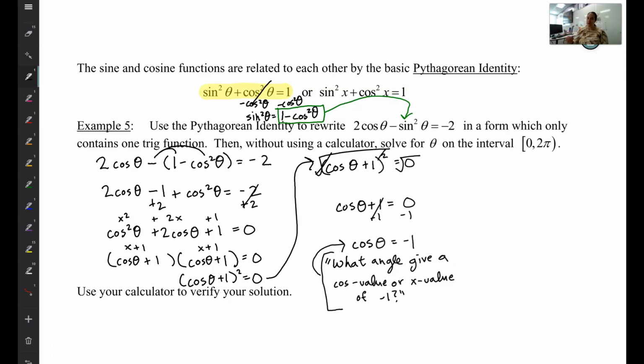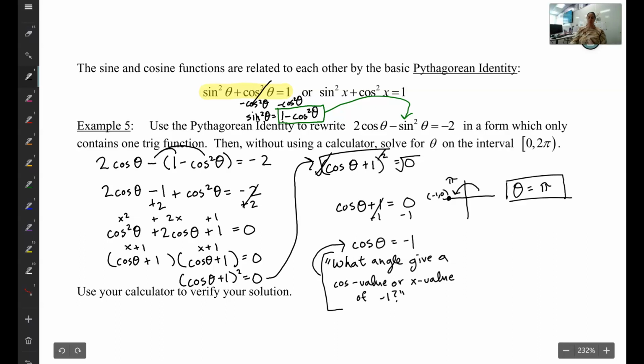That should be memorized. You should have that one memorized, absolutely. And try to find what angle gives a cosine value or an x value of negative 1. Well, if I have an x value of negative 1, the only place would be right there, which angle is pi. So theta equals pi would be the only place where that cosine is a negative 1.